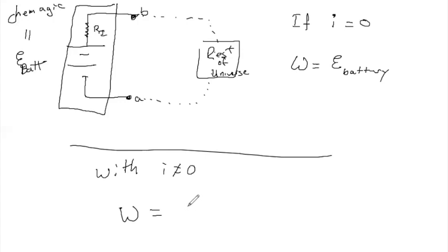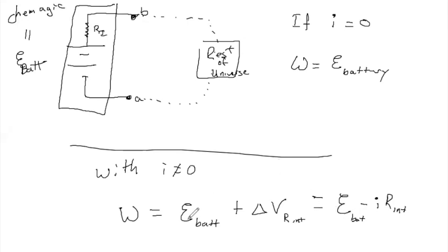Chemagic never dies, so that's going to be the EMF of the battery, plus then you have the change in potential across the internal resistor. Okay, and sometimes people would write that as EMF of the battery, sorry, not plus, it'd be minus I times R internal.